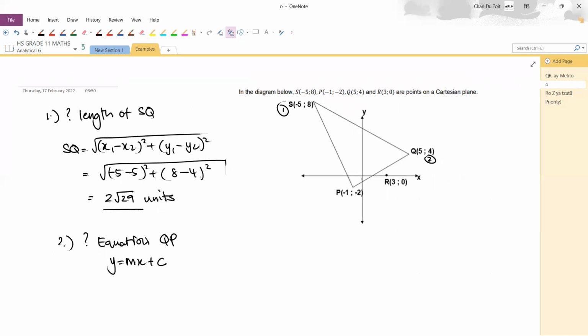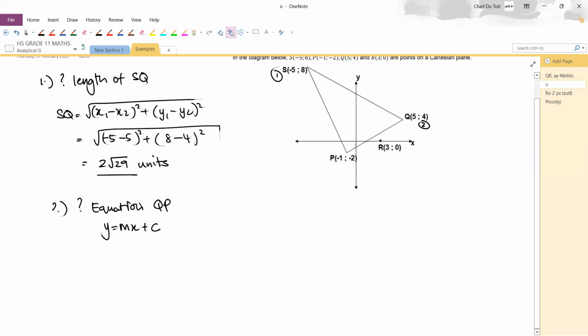You have the equation for the gradient, you have the equation for the line. Is it 1? Now the equation can't be 1.